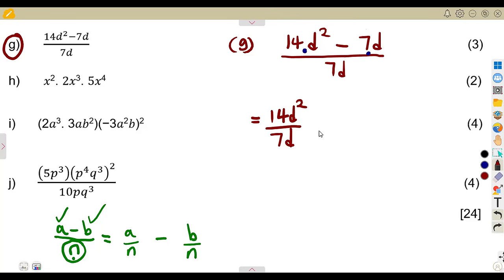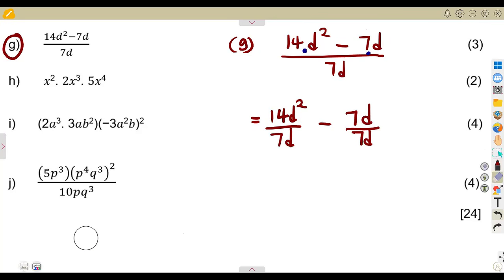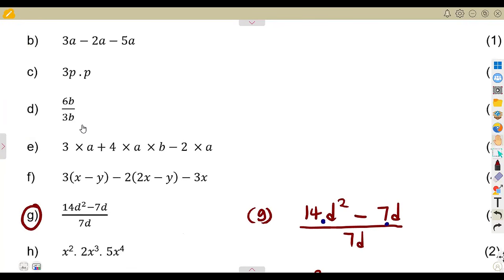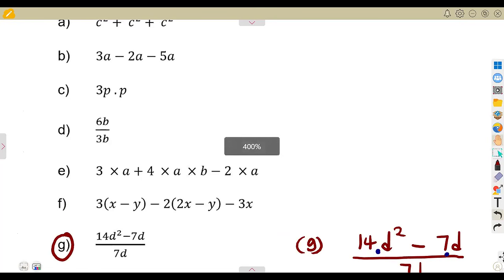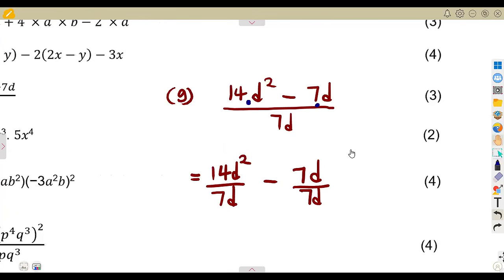That is minus 7D over 7D, just like that. All right. So if you're at this stage, you are just like what you had on this fraction on D here. Remember how you simplify this one. Because it's a single fraction, you can even divide these.